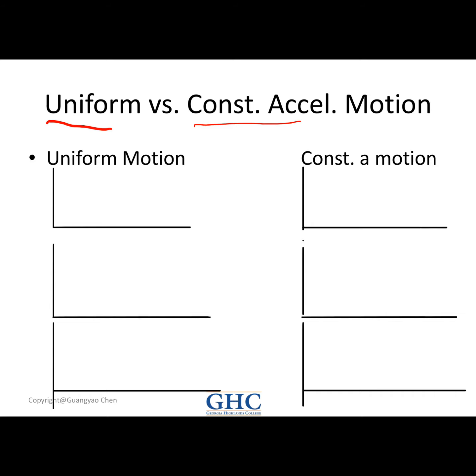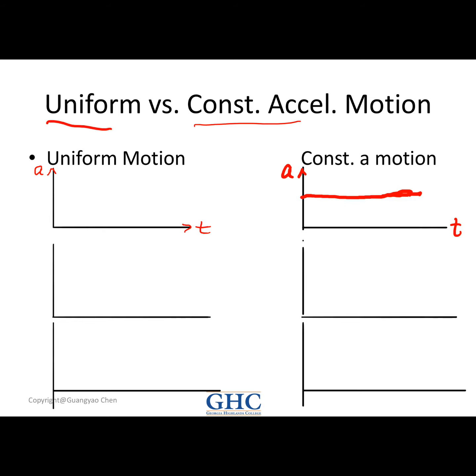So what would be the difference between them? If we would like to plot the acceleration versus time plot, what does it look like for uniform motion and constant acceleration motion? So for constant acceleration motion, of course, your acceleration is constant.